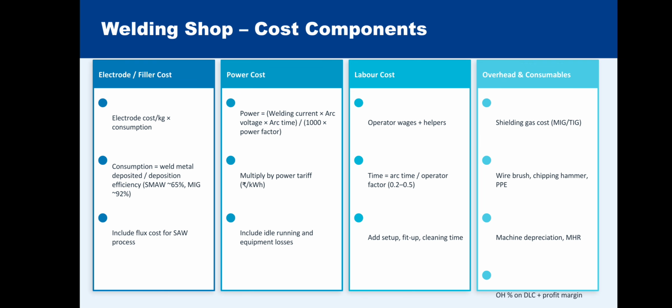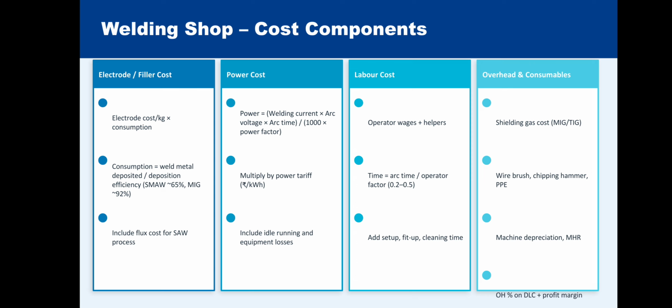The welding shop cost components are electrode or filler cost, power cost, labor cost, overhead and consumables. Also, all the shops, like foundry shop, forging shop, and different types of production cost estimations, are included in this unit.